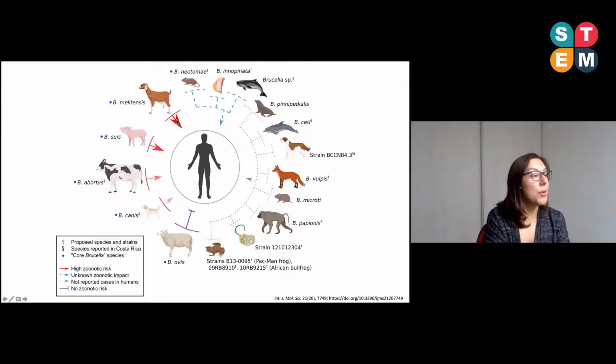The arrow indicates the zoonotic risk, the risk of transmission from animals to humans, and the intensity of the color and the size of the arrow indicate how big that risk is for each species. For example, Brucella melitensis infects preferentially goats and sheep, and is very pathogenic and very zoonotic.